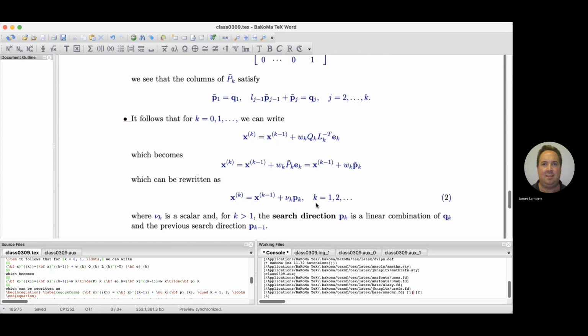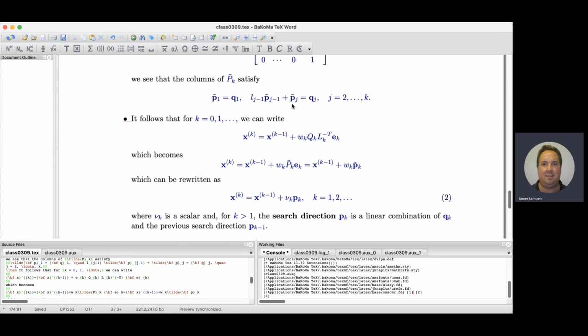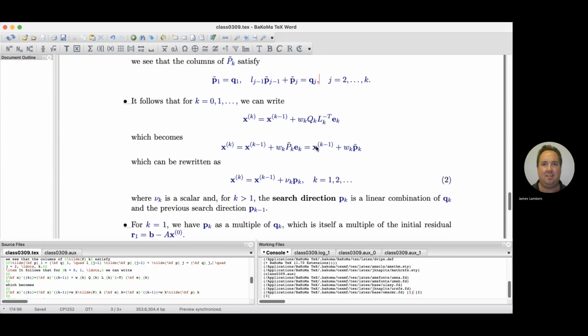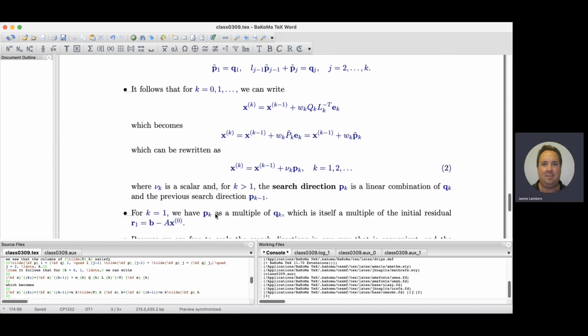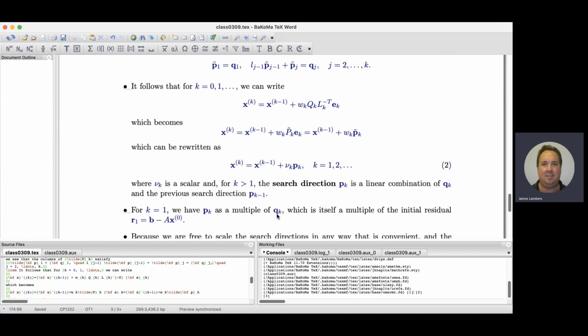So what we have here is, if you look at this equation right here, each new search direction is a linear combination of the residual, because remember the residual is a multiple of each Q vector, and the previous search direction. And then the very first search direction is just a multiple of a corresponding residual.